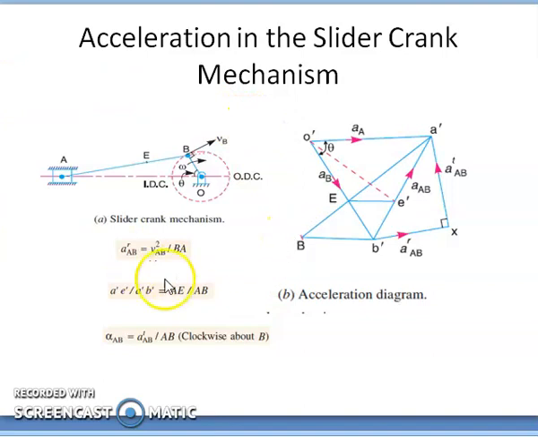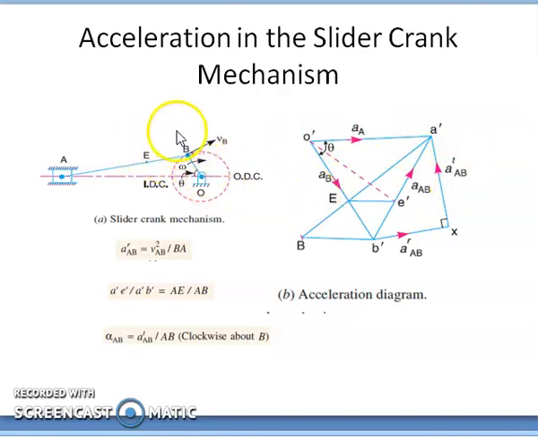In this, each and every component we are going to check whether it has the radial component as well as the tangential component. Slider: since the slider is executing translation or reciprocatory motion, it does not have radial and tangential components. You can just give the acceleration vector which is taking place in the direction of the velocity.